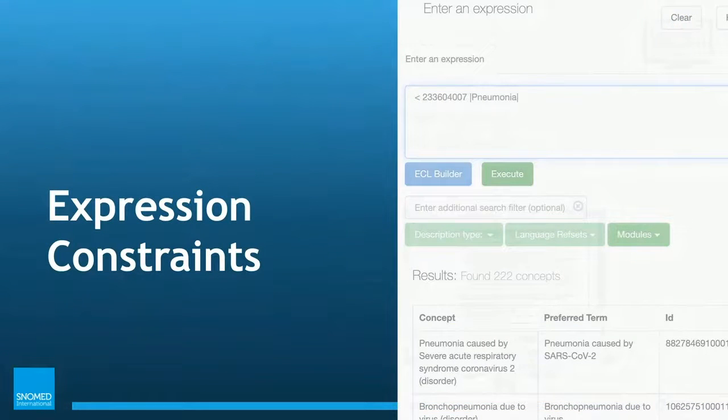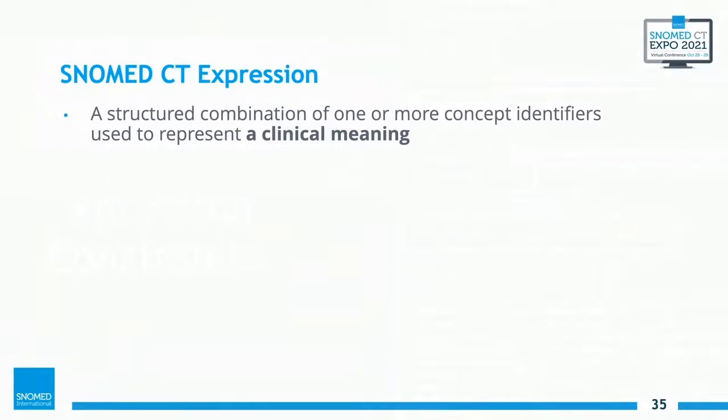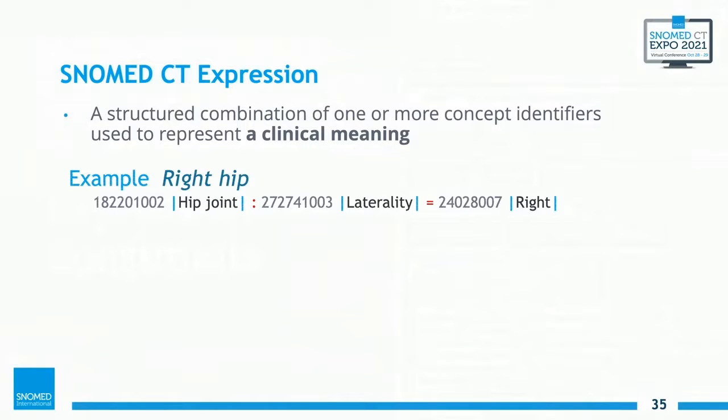Now, let's explore the expression constraint language in more detail, as ECL is considered the recommended technique when performing analytical queries over SNOMED CT coded health records. A SNOMED CT expression is a structured combination of one or more concept identifiers used to represent a clinical meaning. For example, to represent a right hip joint, we could use the expression hip joint with a laterality equal to right.